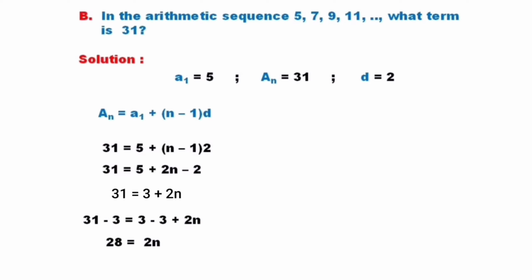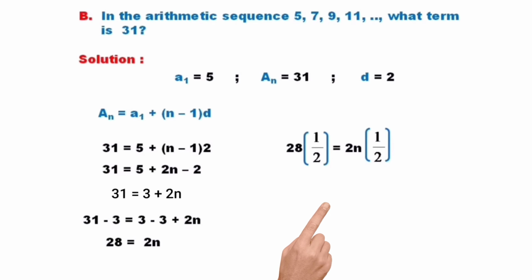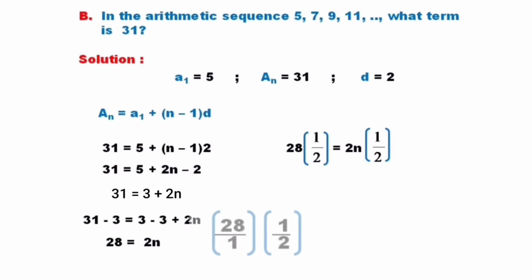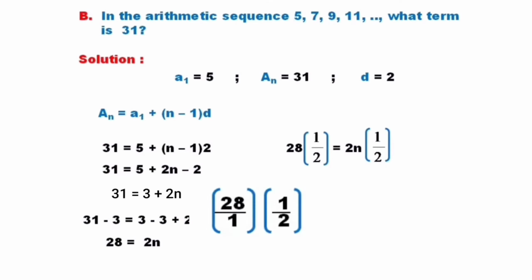Again, multiply both sides by 1/2 in order to solve for the value of n. Next, 28 times 1/2 equal 2n times 1/2. So simplifying both sides, we multiply the numerator by numerator and the denominator by denominator. So 28 times 1 equals 28.